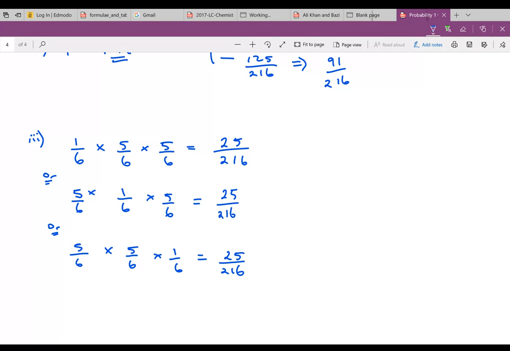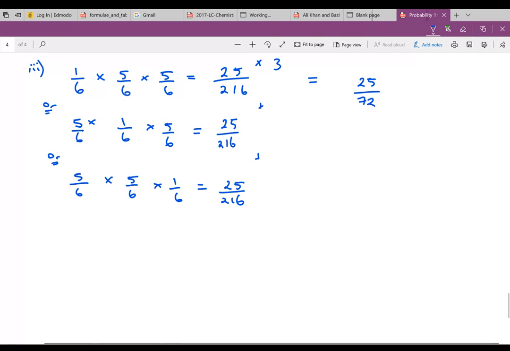So I've got each of these. Or means to add them. Alternatively, without having to list them every time, I know that it's the same probabilities, I'm just changing the order. I could have just multiplied the first one by 3, and I would have got 25 over 72. Alternatively, I can add them all, and I'll still get 25 over 72.